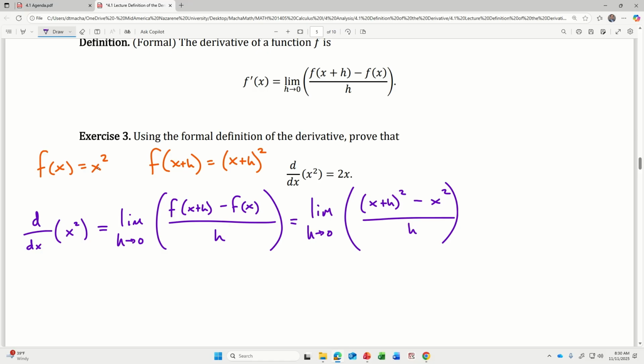What I need to do instead is go ahead and expand the numerator. When I expand this, it's going to be x squared plus 2hx plus h squared minus x squared over h.